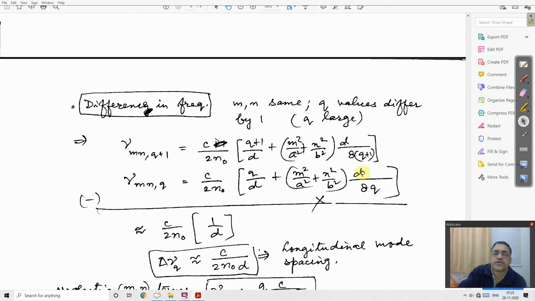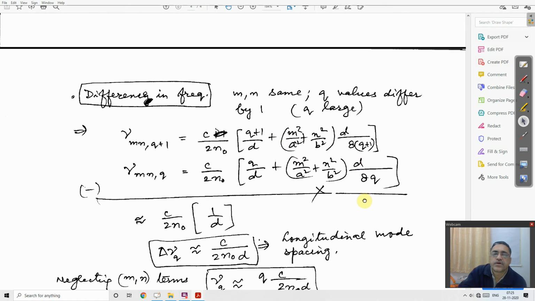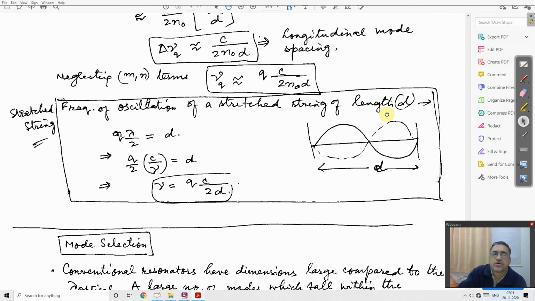Here if we neglect this, it is mostly confined to the axis; we call these the paraxial rays. For example, to compare it with the modes of a mechanical system, consider the frequency of oscillation of a stretched string of length d.